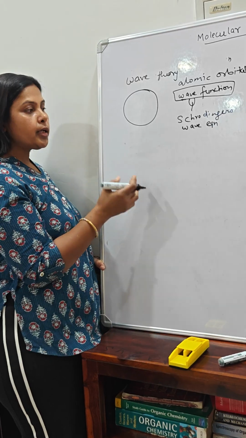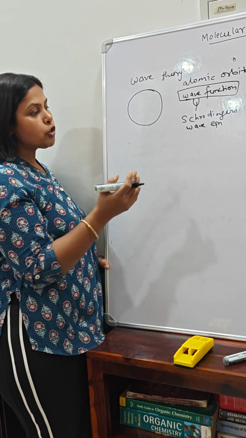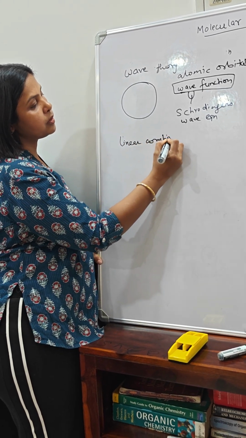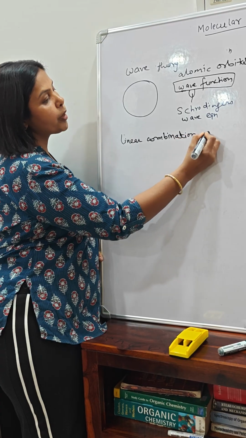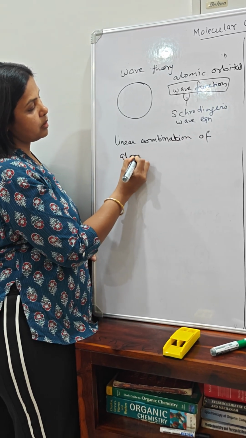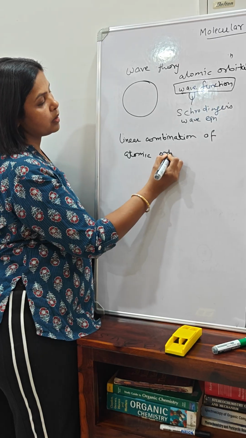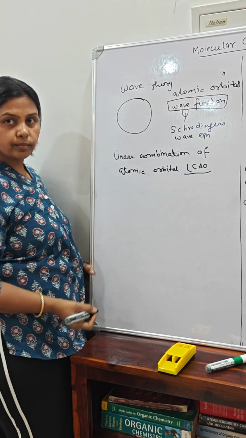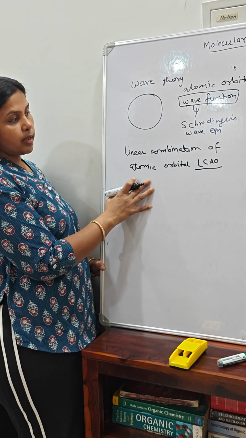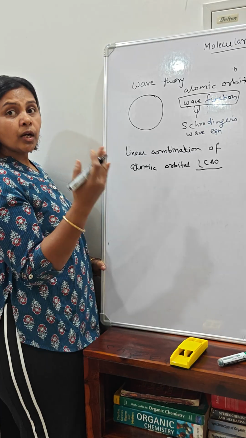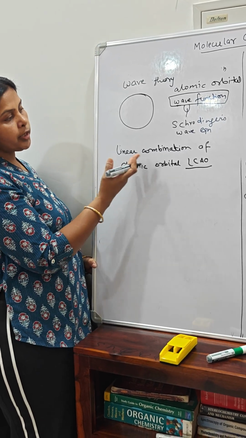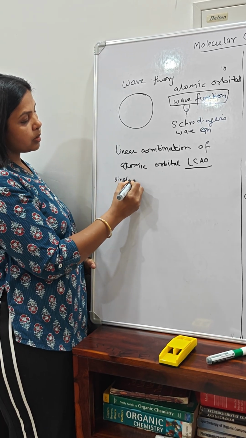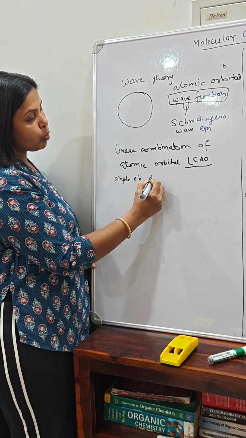To simplify that, an approximate method called linear combination of atomic orbitals, LCAO, is followed. We can understand the linear combination of atomic orbitals through a single electron diatomic molecule.